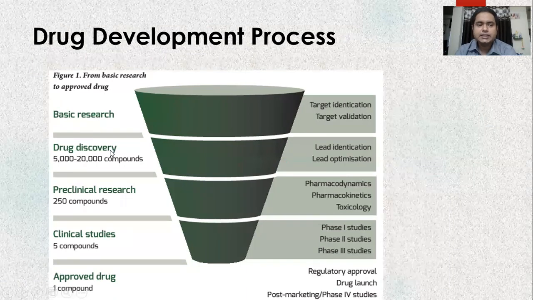For example, you proceed with 5,000 to 20,000 compounds, a large chemical library, for the drug discovery process, and then proceed with lead identification as well as the lead optimization process. We will discuss the lead optimization process in our next lecture.